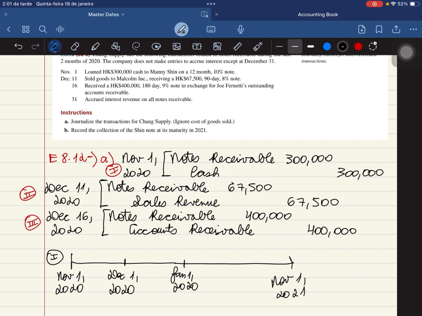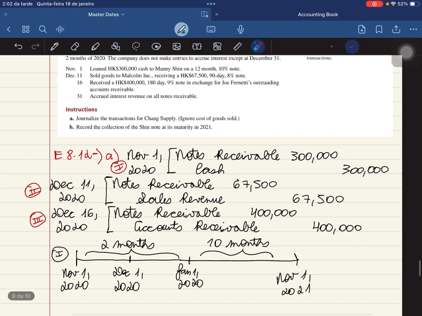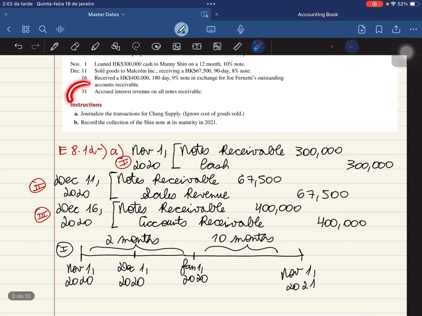He wants us to do it on December 31st, so from here to here, actually 2 months have passed, correct? And then we have 10 more months to go in the future. We want to see how much interest we are getting on December 31st, so we are going to make the calculations considering this period.